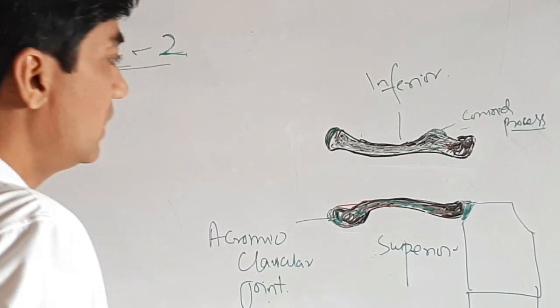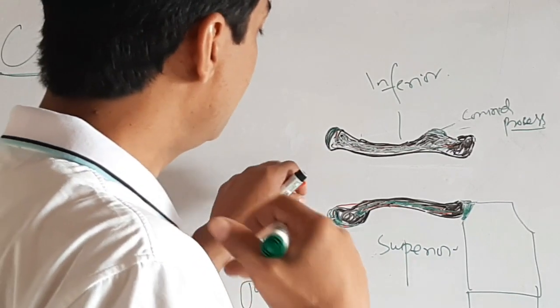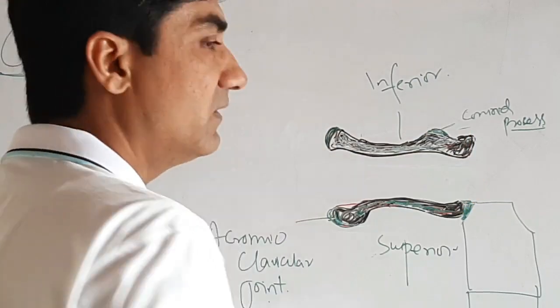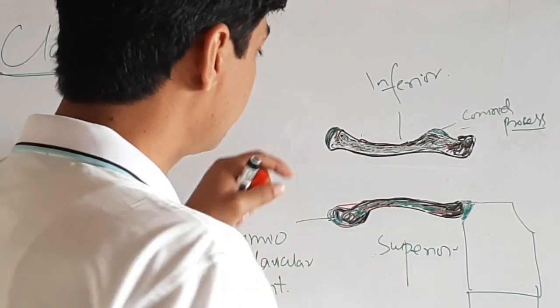Due to its location and because it lies superficially, the clavicle is easily dislocated.